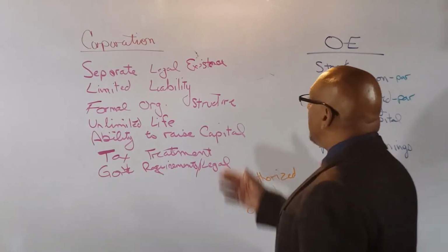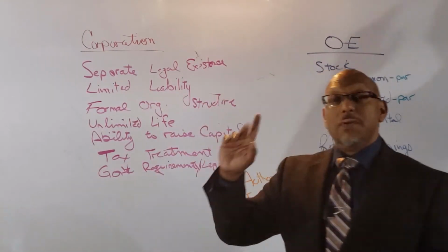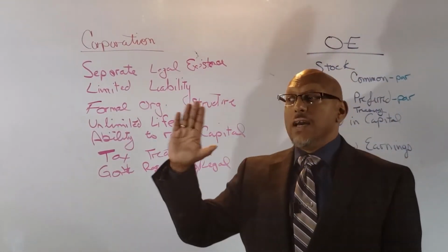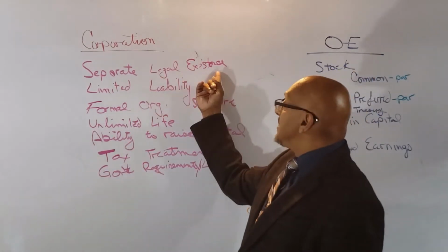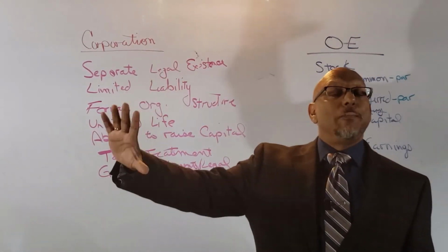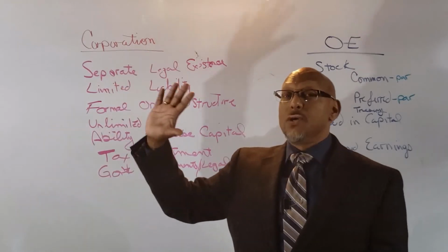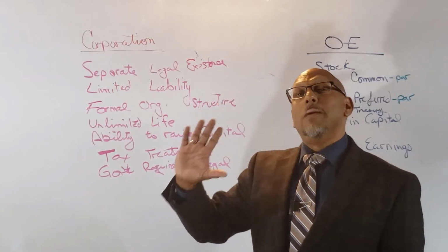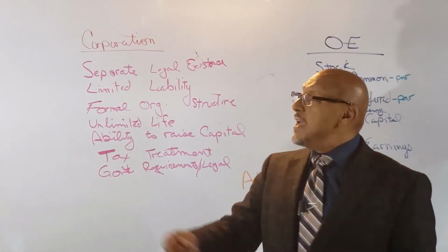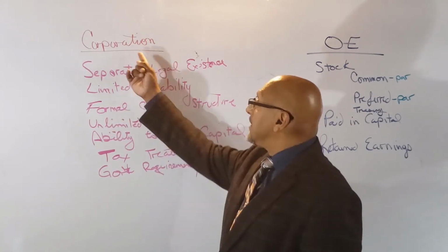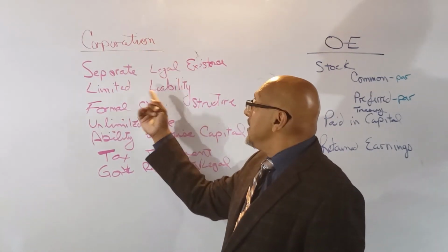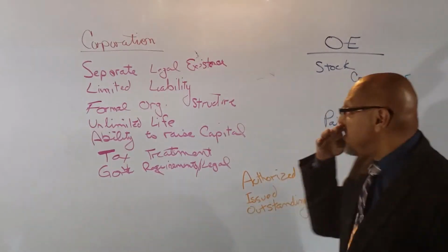So it's a separate legal entity. The limited liability I mentioned before: anything the corporation does is independent of the owners. And so any liability that the corporation is responsible for is limited to the stockholders.